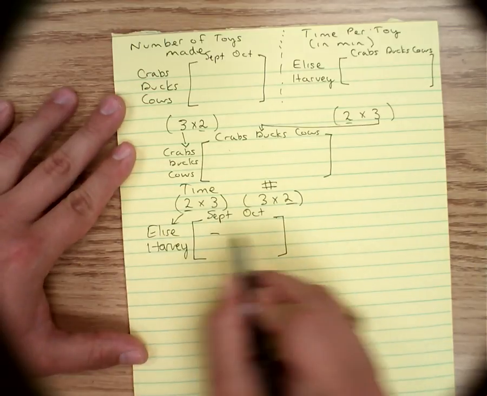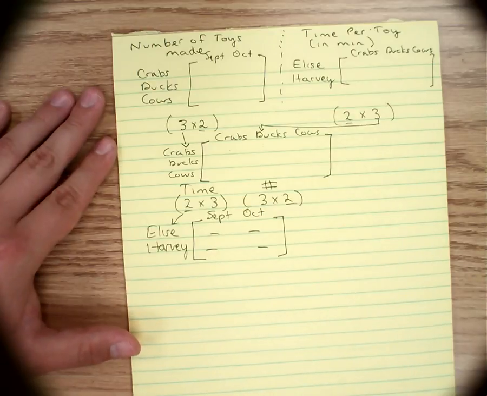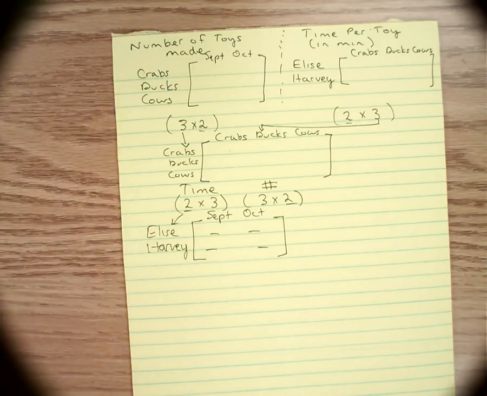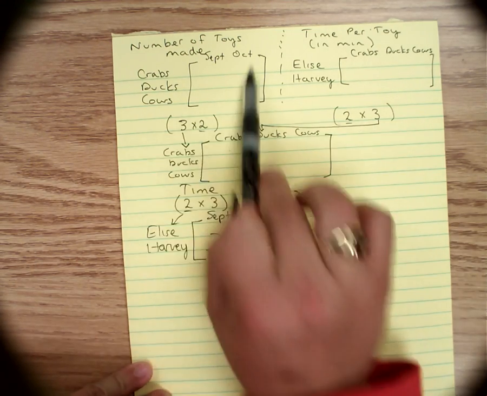And I would have 4 entries. So I took the time per toy times the number of toys made.